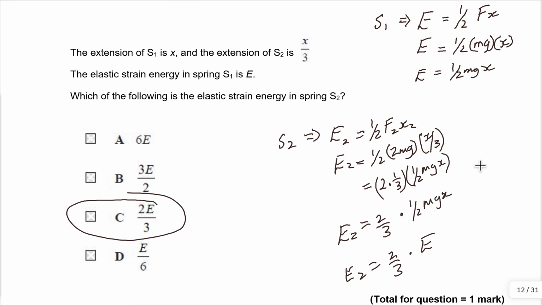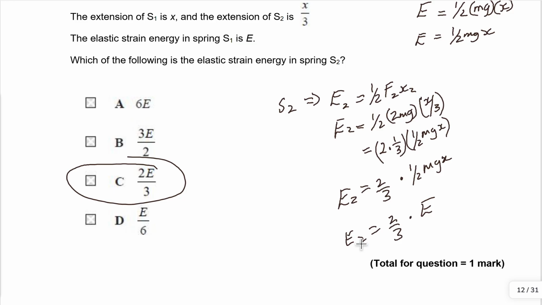Well, I know half mgx is equivalent to the strain energy of spring 1. So I've just replaced half mgx with E. So I know that the second spring has 2/3 of the strain energy of the first spring.